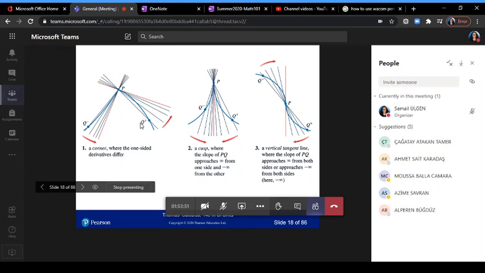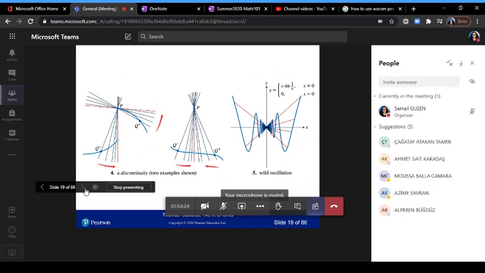These are all negative, and the one-sided derivatives differ. The derivatives here are finite, the one-sided slopes are finite. Here, one-sided slopes are infinite and with opposite signs. Here, one-sided slopes are infinite and they have the same sign. That's the difference. So corner, cusp, and vertical tangent line you can have.